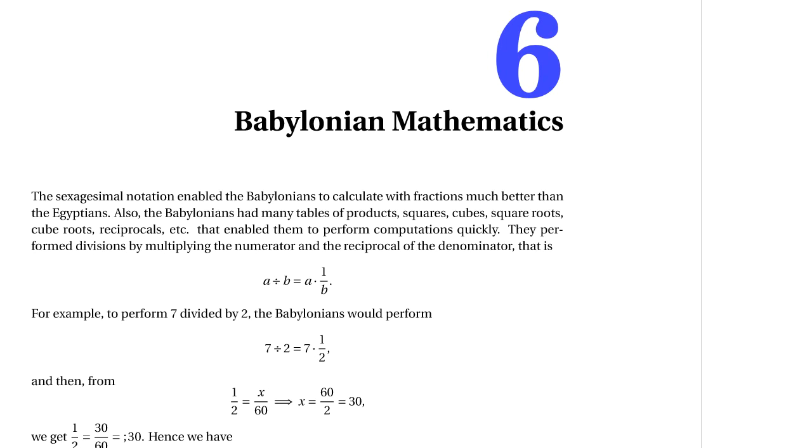But remember, the Babylonians didn't use a zero symbol. Later they had some kind of style for it, but they didn't usually have it. So it's a pseudo positional system, but it's a big difference compared to the other ancient number systems, and it makes calculation much easier for everything.